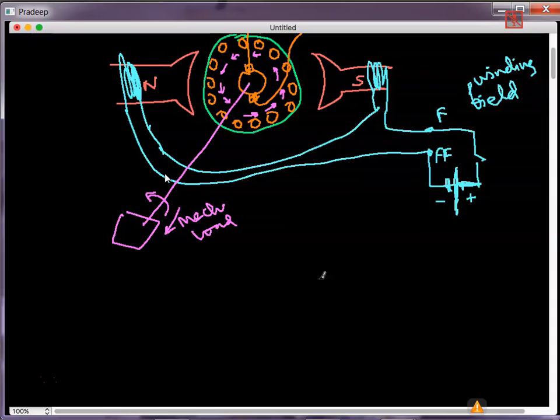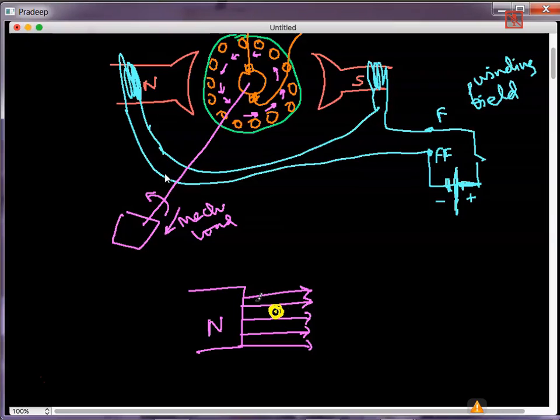So what you can see is, let's say this is the North Pole, and this is the magnetic field of the North Pole. All these lines are moving towards the right side, and there is a conductor here, and there is a dot notation. So what is the magnetic field of that conductor?